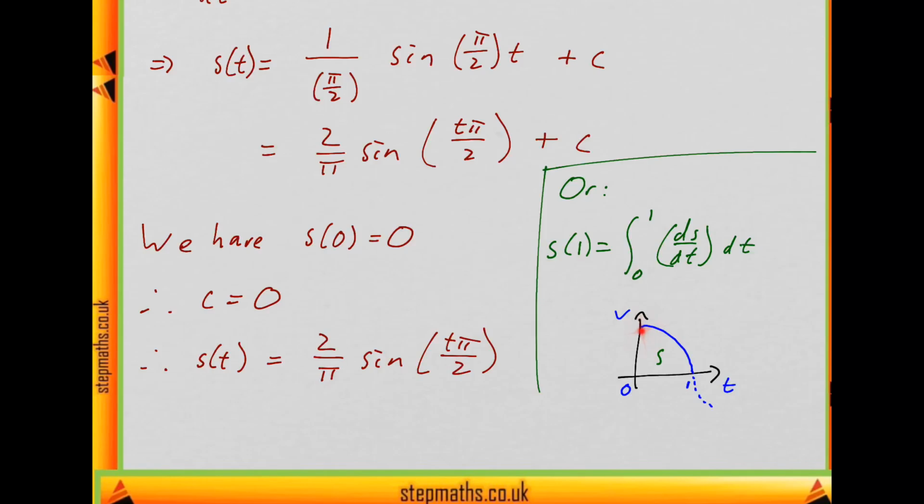Just quickly, there is an alternative way to do this, which is if we think about velocity as a function of time, we just said it's starting at 1, and then when t is equal to 1 we have cos of pi by 2, which is 0, so the velocity looks like this. It's just like the first part of the cos curve, and the distance is just the area under that curve, which is the integral between, well, I've written 0 and 1 for s of 1, so if we want the total distance covered, that would be the whole of this area, but if we want s of t, it would just be the integral from 0 up to the time t.